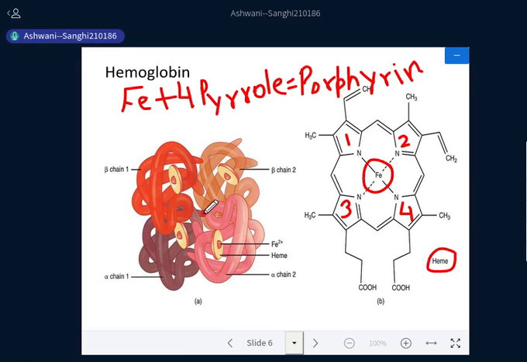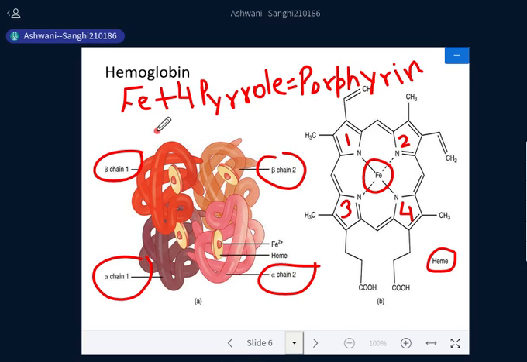So this heme part is attached with the 4 chains: alpha 1, alpha 2, beta 1, beta 2, that is 2 alpha plus 2 beta chains.